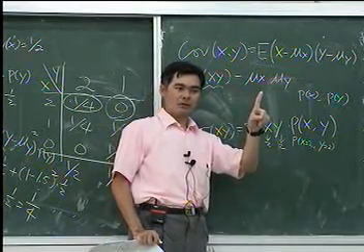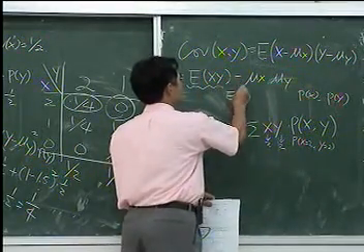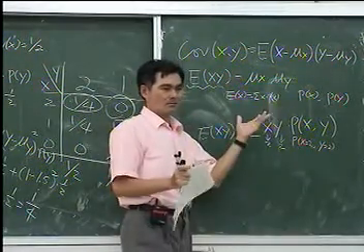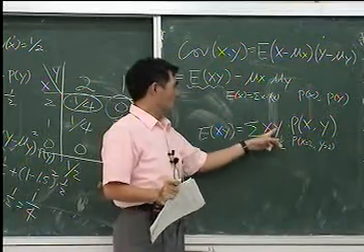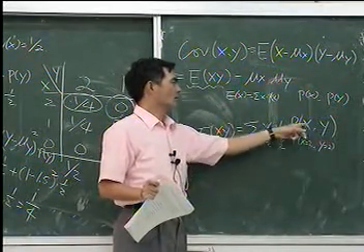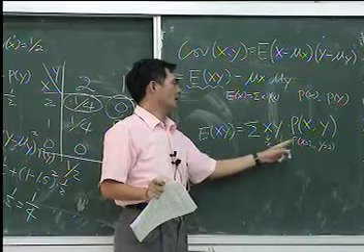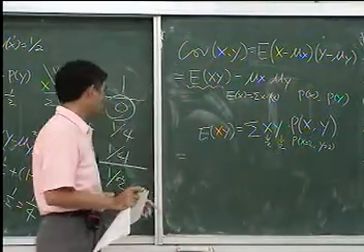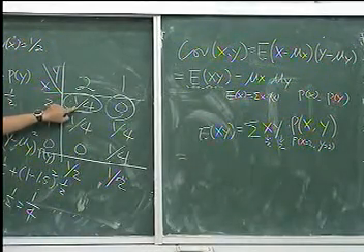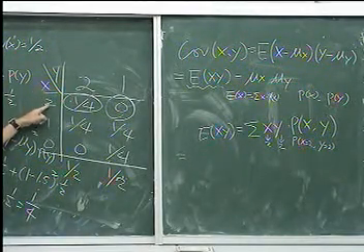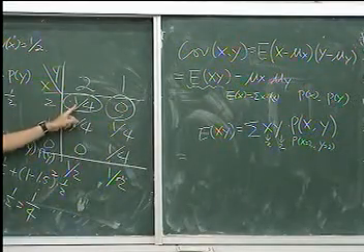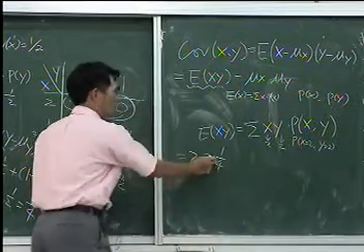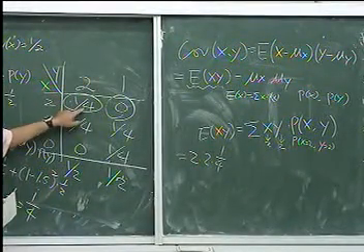When we have only one variable, you have expectation of x equal to summation x times p(x). That's easy. But now we have two variables, x and y. This one is when x is equal to 2, and this one is when y is equal to 2. So it will be 2 times 2 times 1/4.